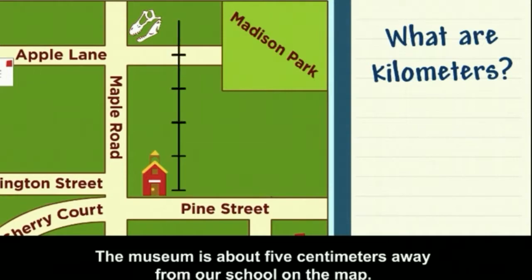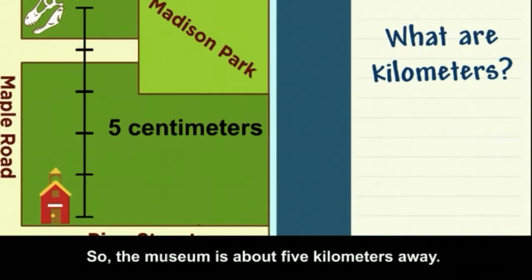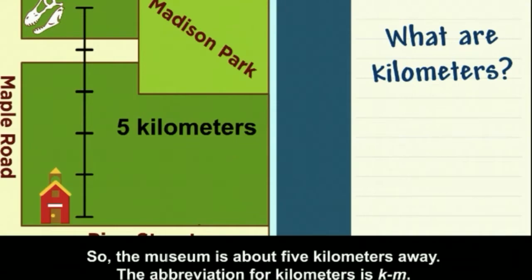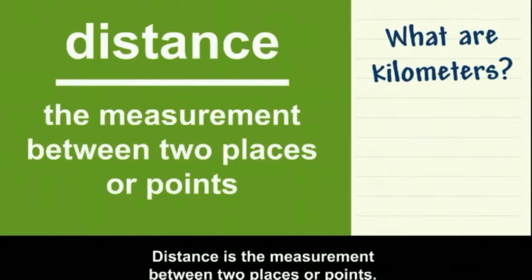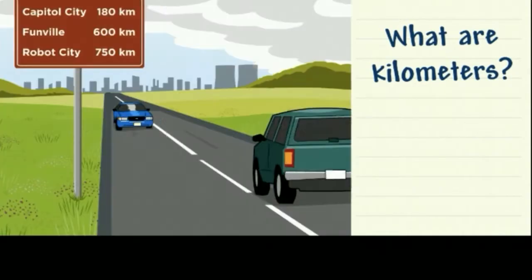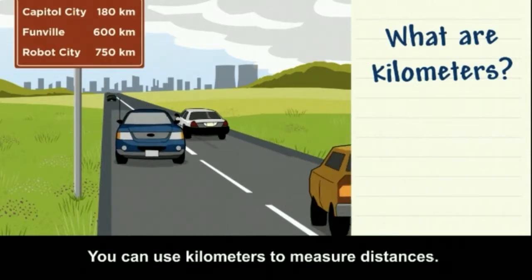The museum is about 5 centimeters away from our school on the map. So, the museum is about 5 kilometers away. The abbreviation for kilometers is km. Distance is the measurement between 2 places or points. You can use kilometers to measure distances.